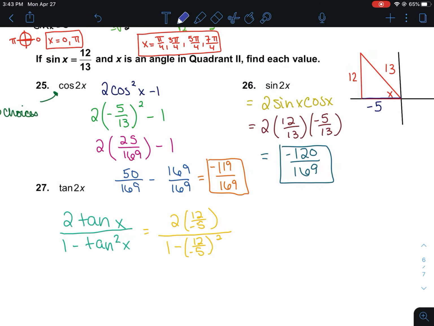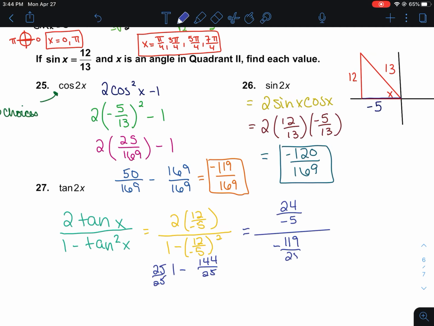And I'm just going to plug that right in. So on the top, I end up getting 24 over negative 5. Okay, this here becomes 144 over 25. Okay, which is 25. This is 25 over 25. So when I subtract, I get negative 119 over 25.